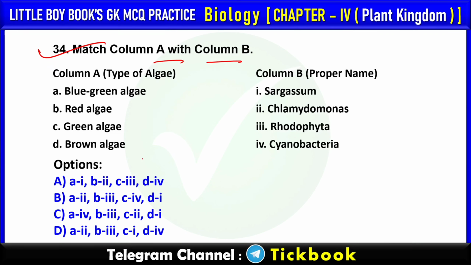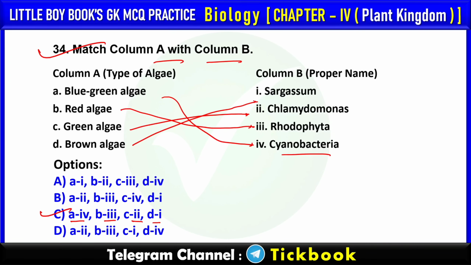Option number C is the correct answer. A4, B3, C2, D1. A4, blue-green algae, cyanobacteria. B3, red algae, rhodophyta. Green algae, C2, chlamydomonas, and brown algae, sargassum.